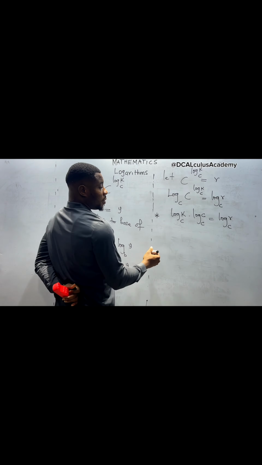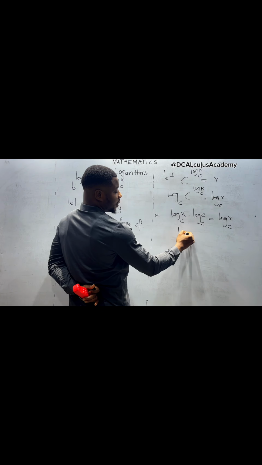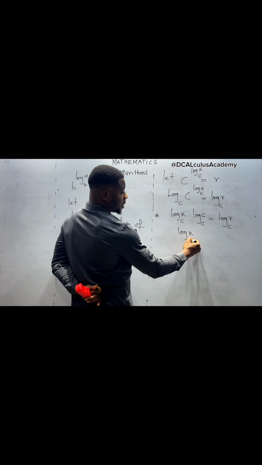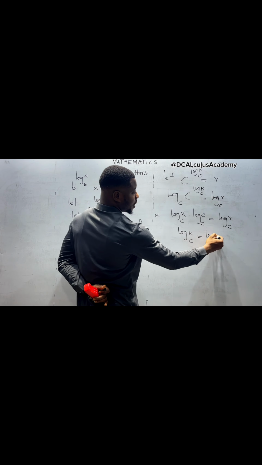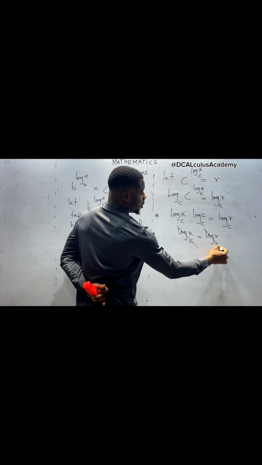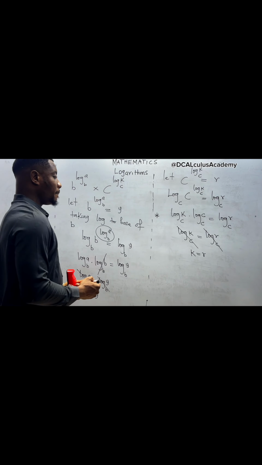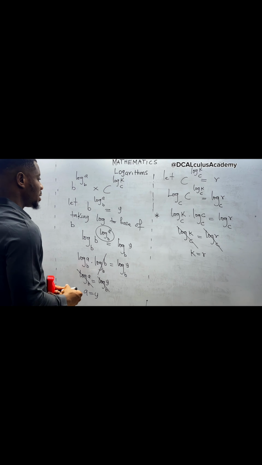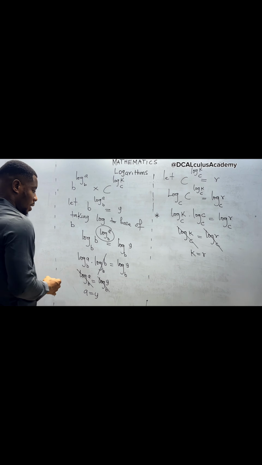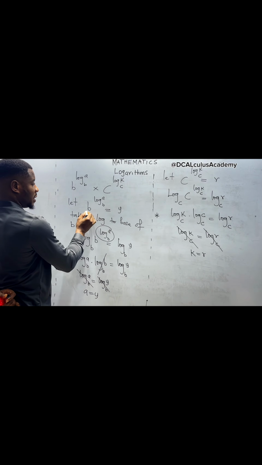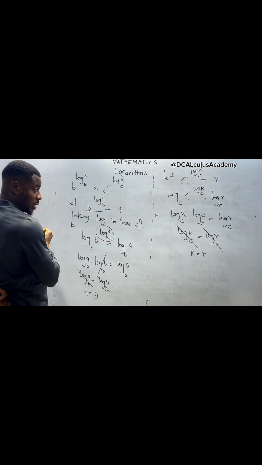Now if that's the case, look what we have here. You're left with log k base c is equal to log r base c. Now this can go, so we have that k is equal to r. So in that case, we have said that y, everything here, is equal to a.